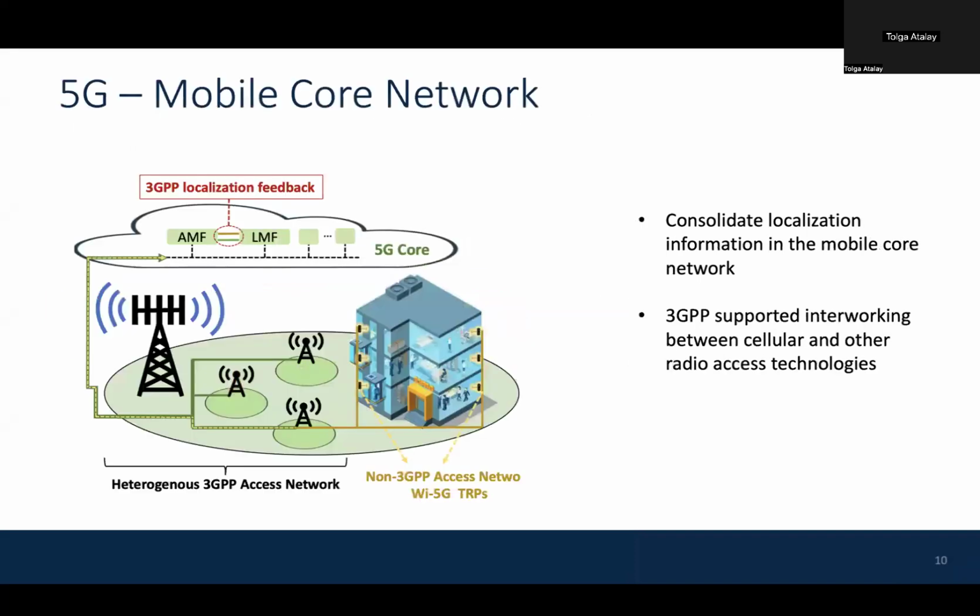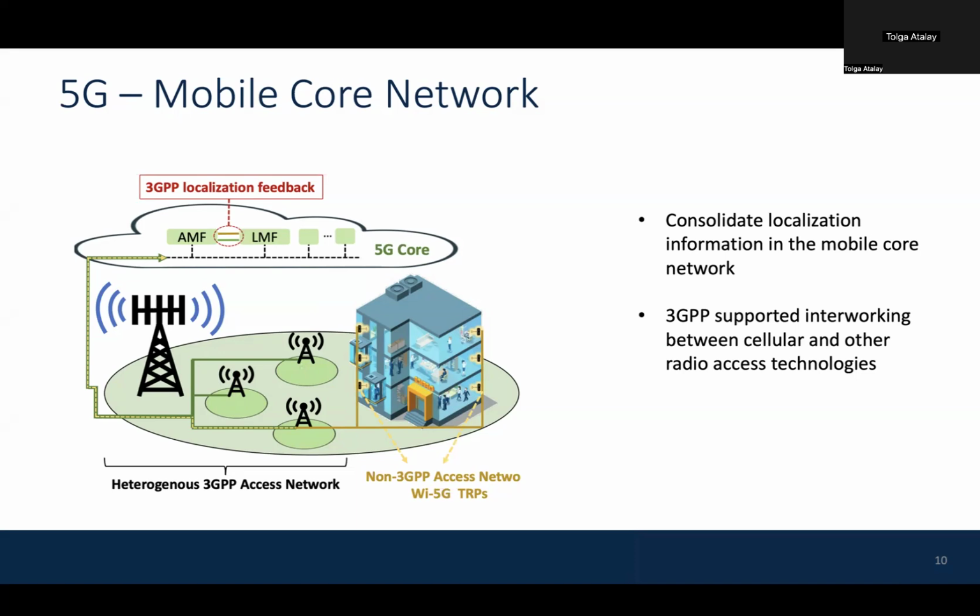To understand how that might look, we have a sample deployment here where if a user is inside the building, it will be served by the yellow highlighted non-3GPP access networks, which we have come to call these Wi-Fi G transmission reception points, and when it's outside, it will be served by these 3GPP access nodes, which at this point is this heterogeneous 3GPP access network.